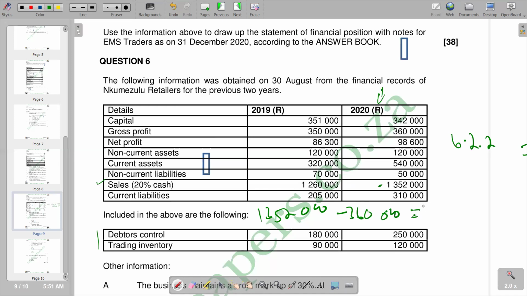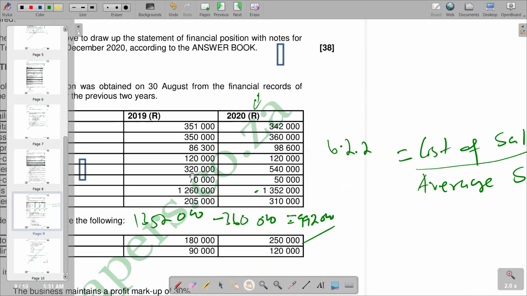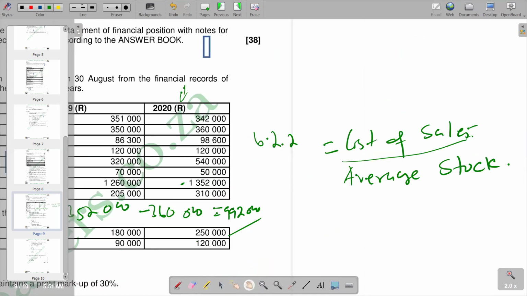And the figure that we are going to get there is going to be 992,000. So this is the figure for your cost of sales. So we go there and put our numerator as 992,000, equal to 992,000, and then we divide by average stock.